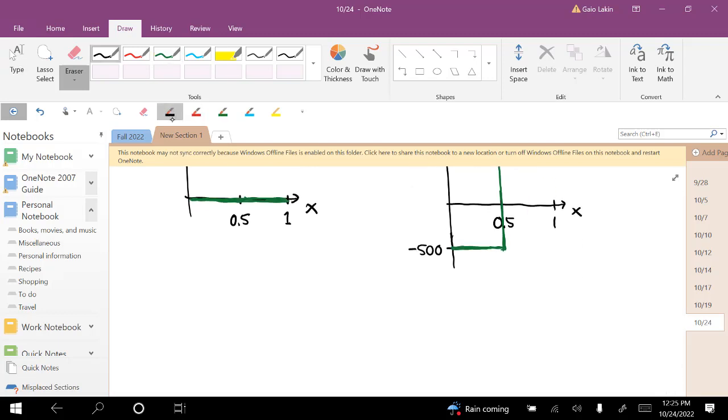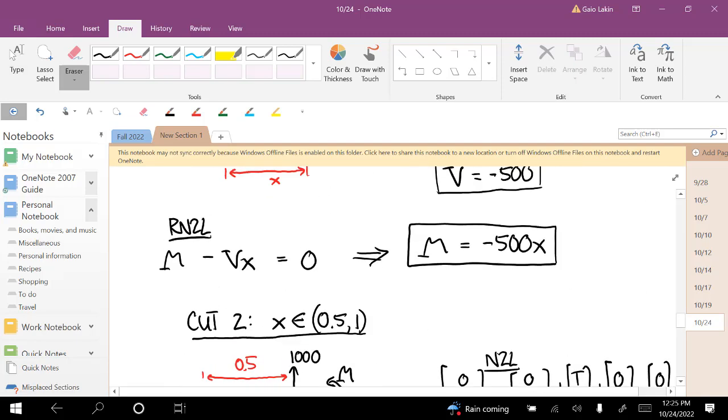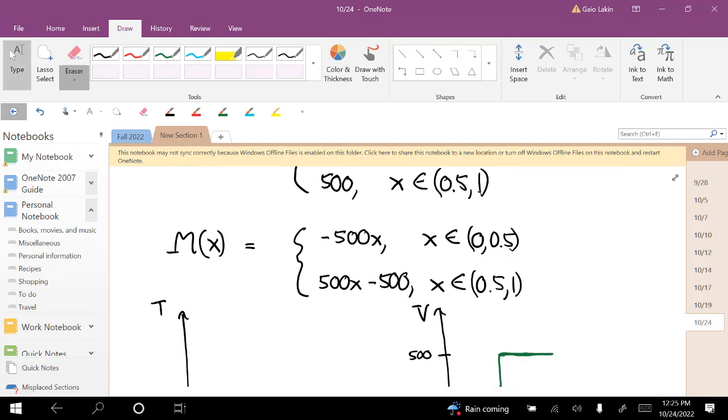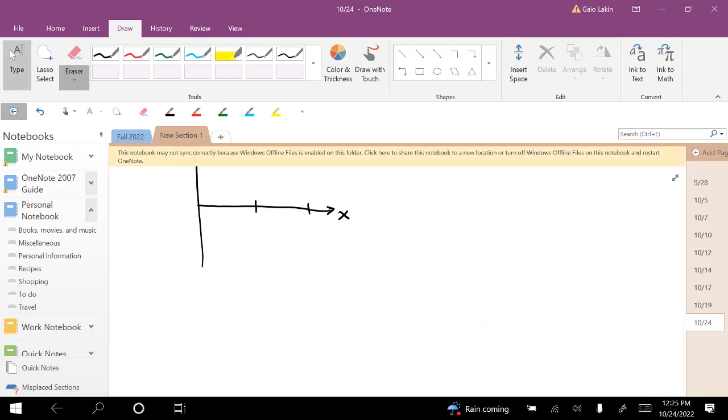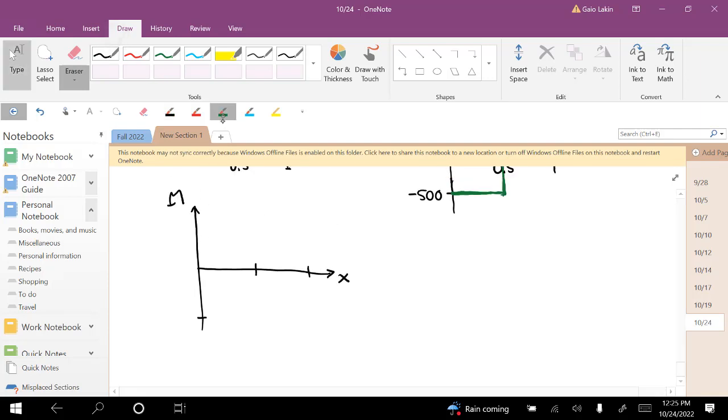And then the last one, the bending moment. We started on the first part with negative 500x. If you plug 0 into negative 500x, you get 0, so it starts there. Plug 0.5 into negative 500x and you get negative 250 newton meters.